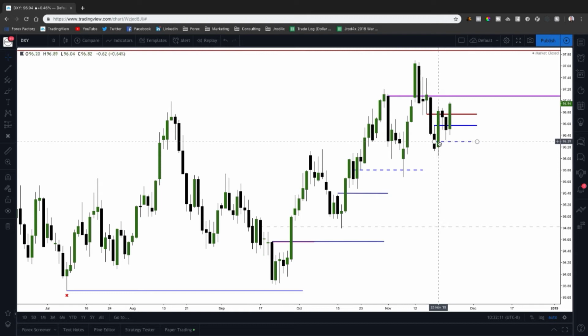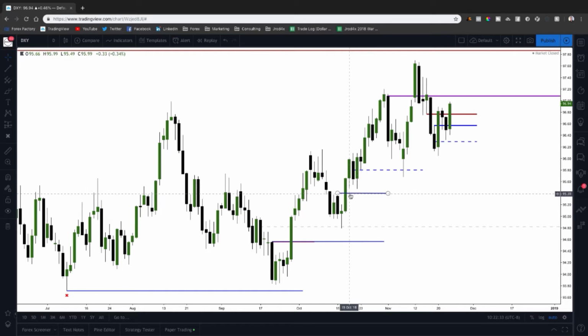If we break below this 50% level, at that point I'll be expecting a run below the low at 96 big figure, and then looking to see if we can get further continuation below this low at 95.70, and potentially back down into this ICT daily bullish order block.